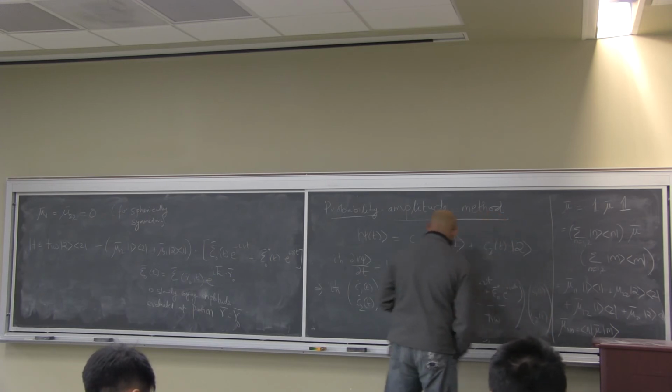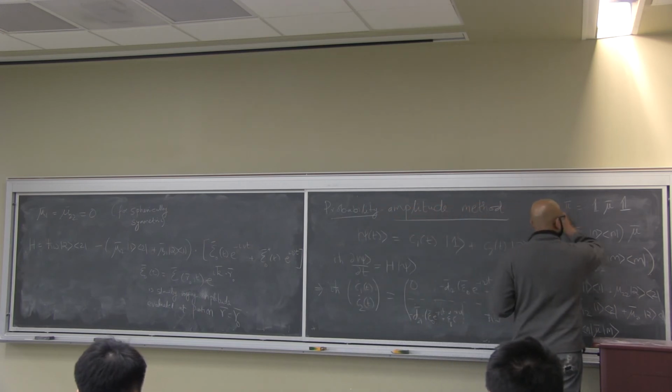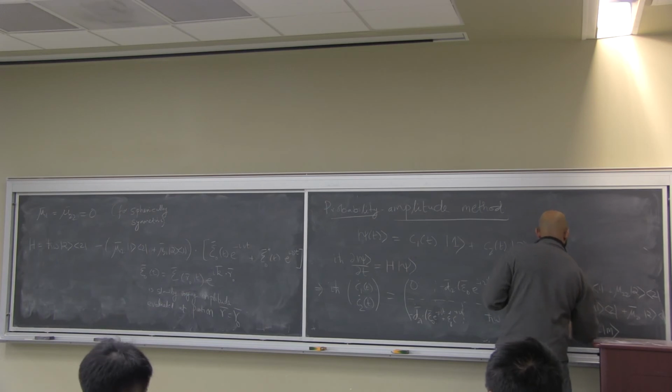We're done, right? So this two-level system, we have the equations of motion, which we can also write out explicitly instead of in matrix form.